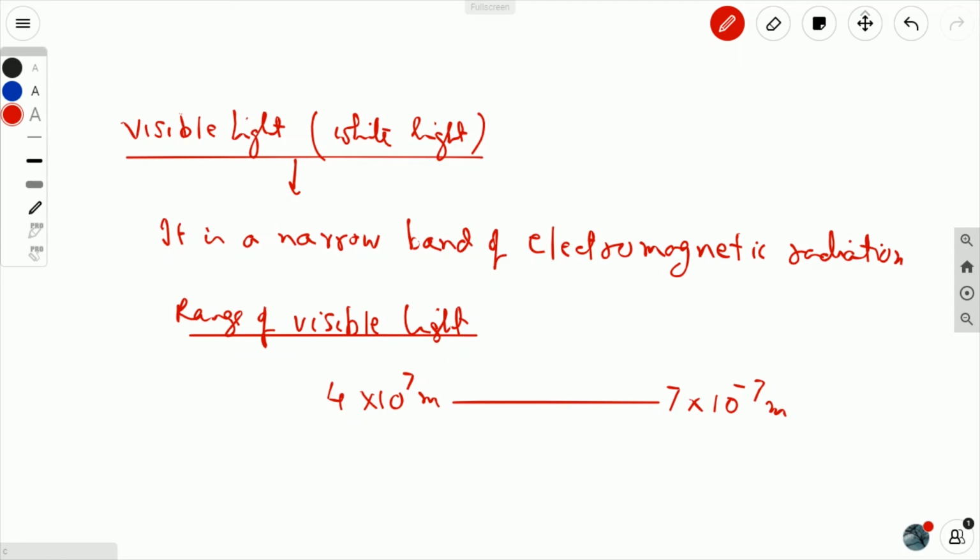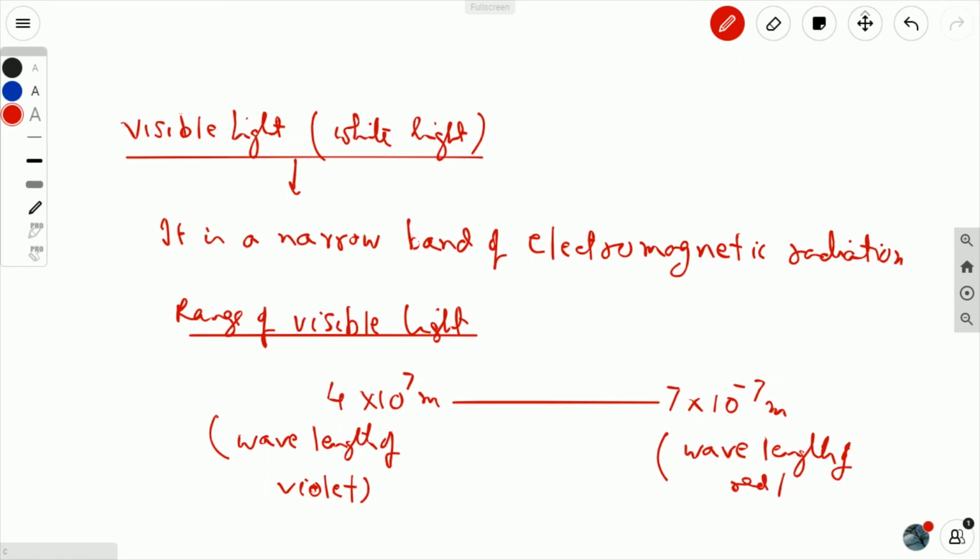This is the wavelength of violet, and this is the wavelength of red. In between is our visible light. This is the range of the visible light.